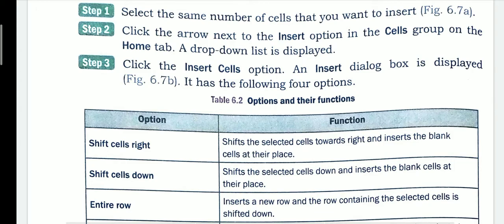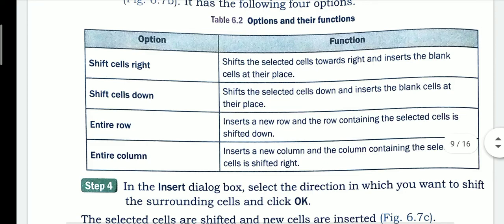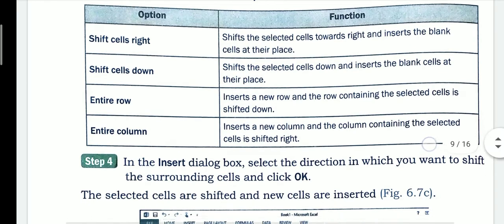An insert dialog box appears. It has the following four options: shift cells right, shift cells down, entire row, entire column. From here we can select any one option in the insert dialog box.